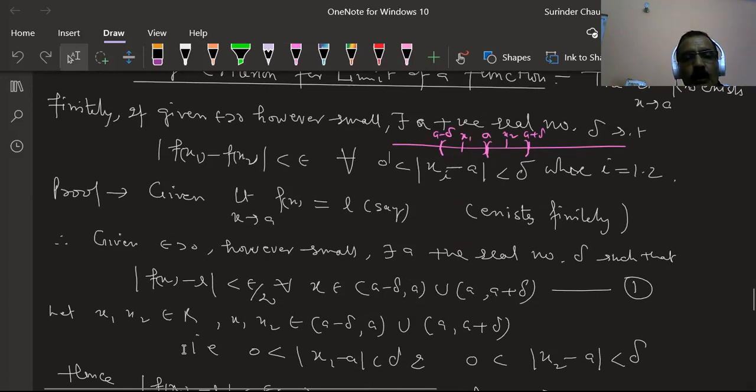Now we take two real numbers x1, x2, because we are discussing a real valued function, and both belong to this neighborhood. Whether we write this x1 or x2, they are the same thing.